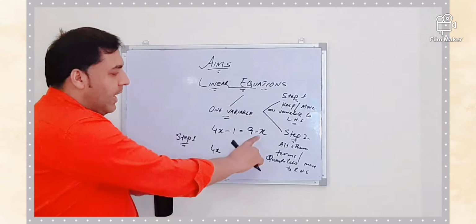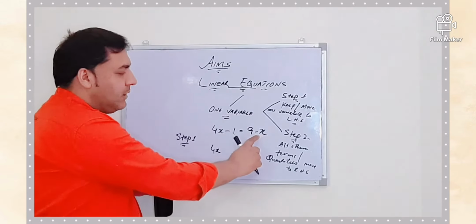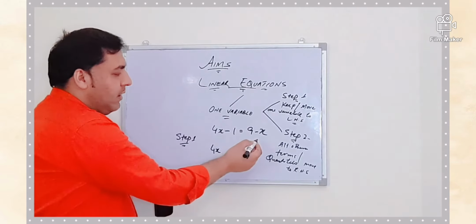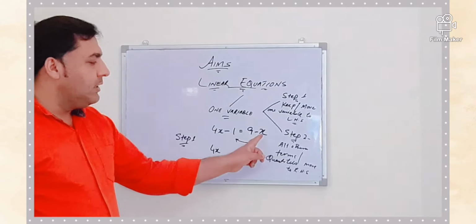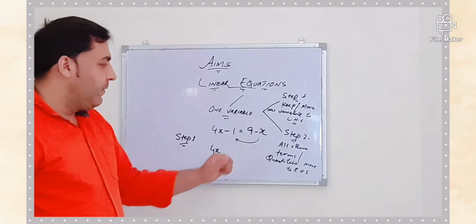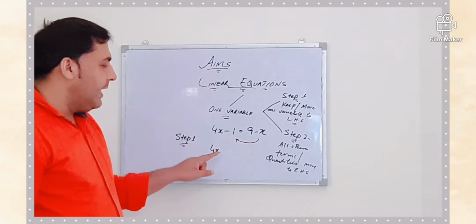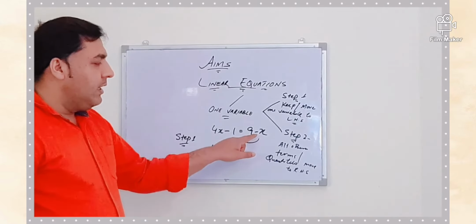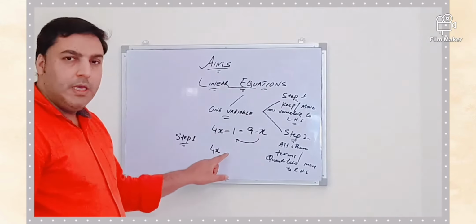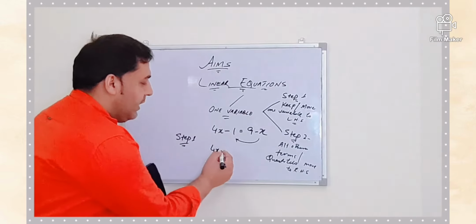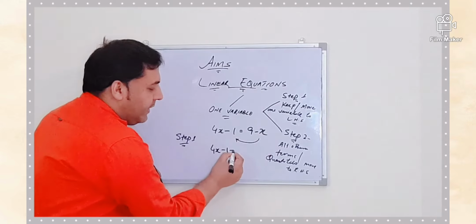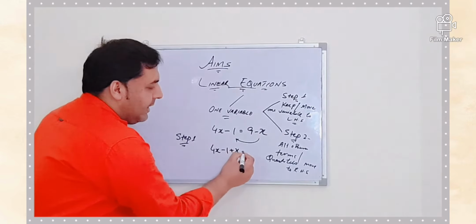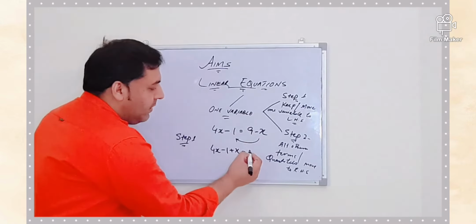We have to move the other variable, this minus x, to the left hand side. These two quantities are being subtracted, so when we move this x to this side, its sign is minus here, and it will be plus here. So the equation will become 4x minus 1 as it is, x will be moved here and become plus x, and here we are left with 9.